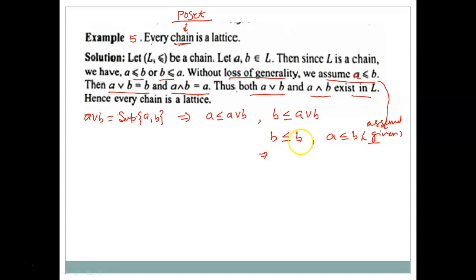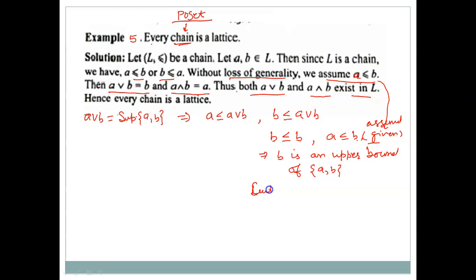So B is less than or equal to B and A is less than or equal to B. So I can say B is an upper bound of this set {A, B}, because the elements of this set, B and A, are both less than or equal to B.